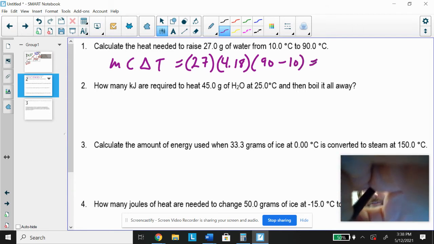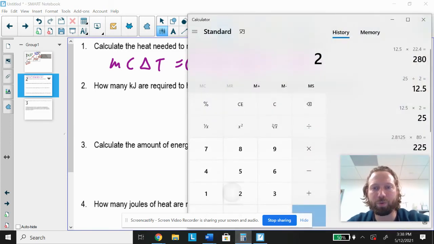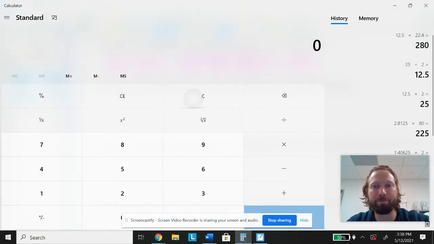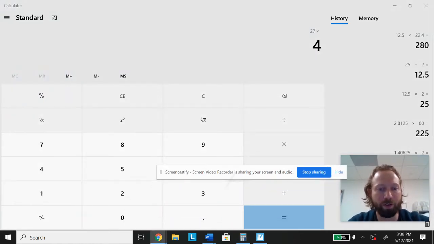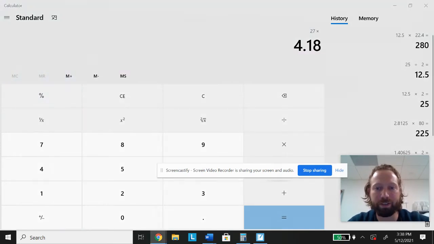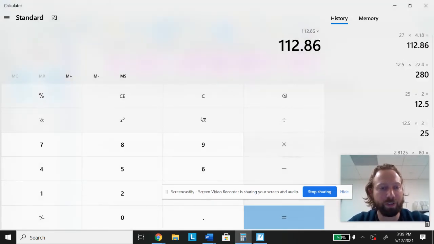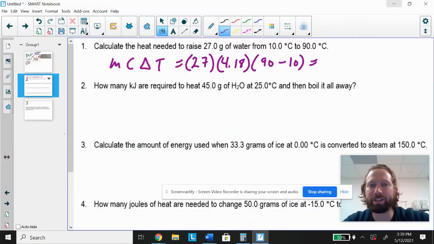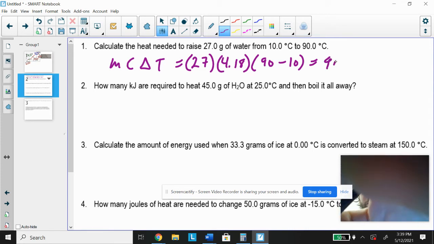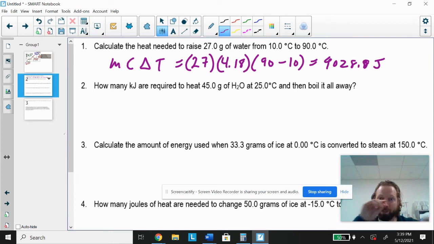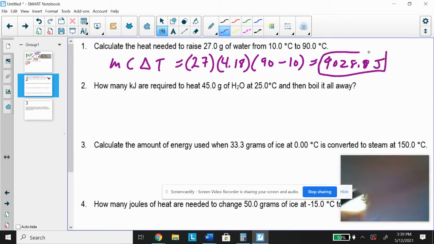You multiply these together, and you're going to get 27 times 4.18 times 80, which is 9,028.8 joules. Okay, so the units are joules for heat.